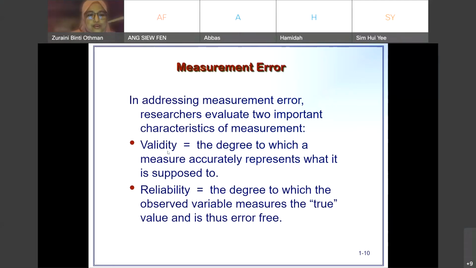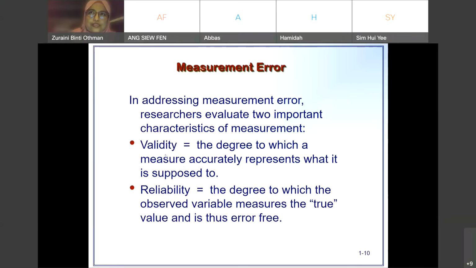When I took physics in SPM, the first chapter I learned was accuracy, validity, reliability. In Bahasa Melayu at that time the textbook used kejituan, kepersisan, something like that. That's also involved in statistics, where we want to know the validity of our study and the reliability of our study. What is validity?